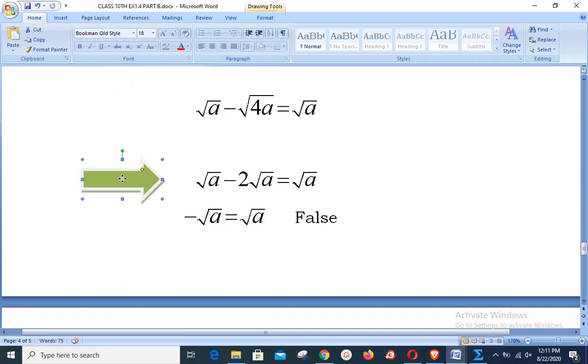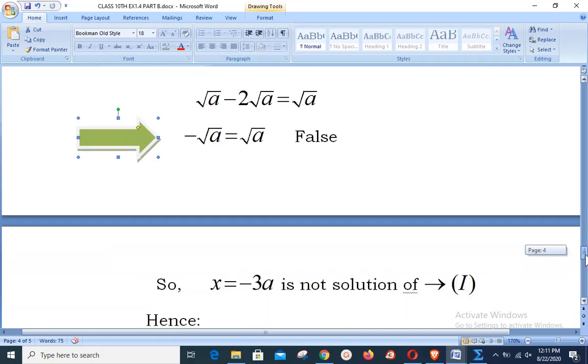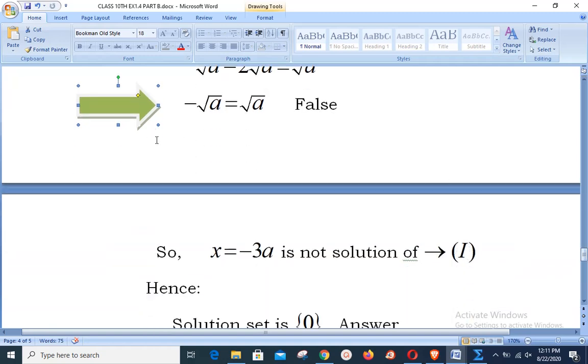Now 1 minus 2 gives us minus 1, that is 1 square root a minus 2 square root a results in minus 1 square root a. On the right hand side we have plus 1 square root a. Clearly they are not equal, so the result in this case is not satisfied, that is it is false. Therefore x is equal to minus 3a is not a solution of equation number 1.